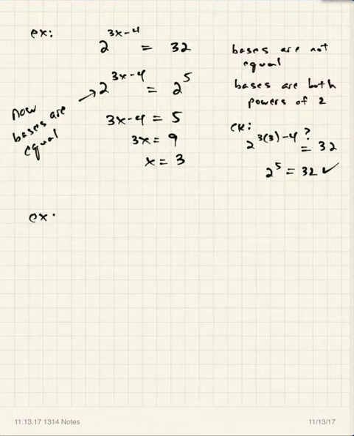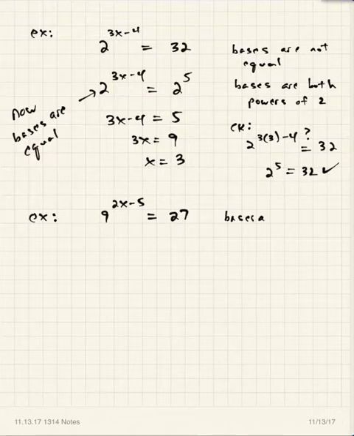So now let's look at another example and start looking at things that may be a little bit more complicated. So now we have 9 to the 2x minus 5 equals 27. All right, so definitely no question that these bases are not equal.